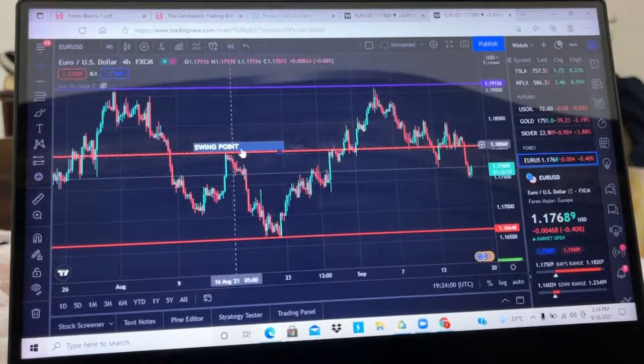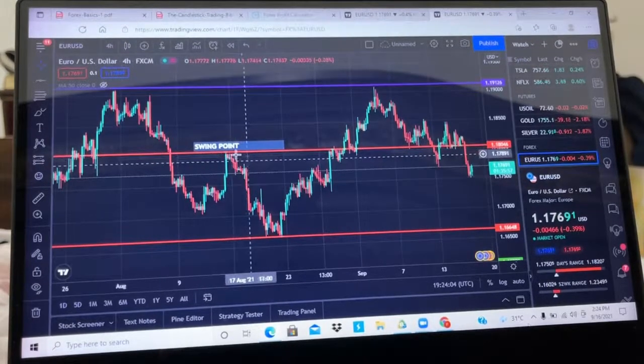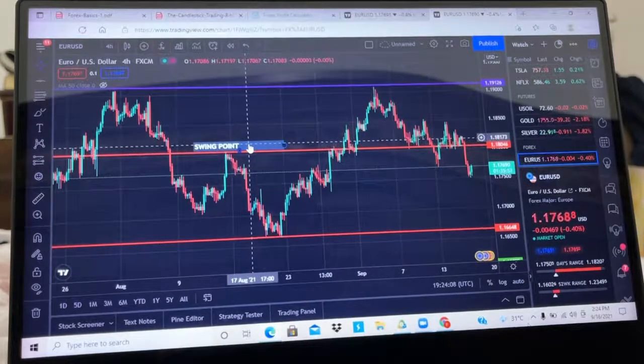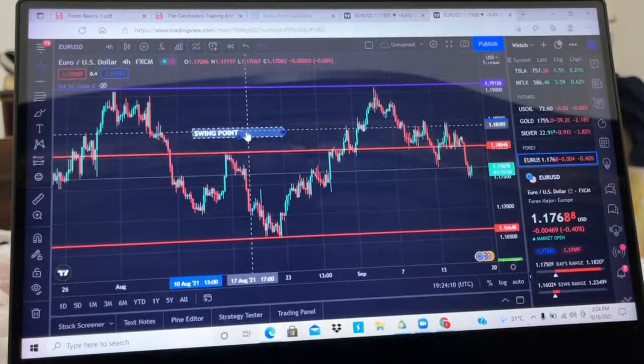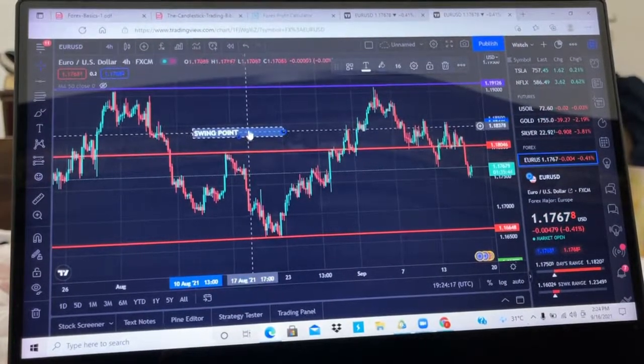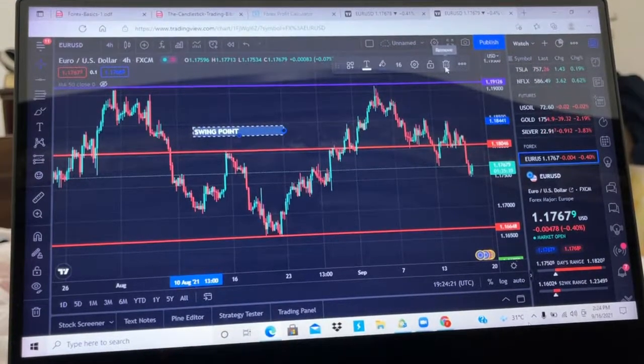But as you can see with this note, it might confuse you because you're just going to see swing point. But what we want to have is a notation pointing to the swing point. So I'm going to delete this note. So to delete it, you just double click on it, and you're going to see the icon remove.